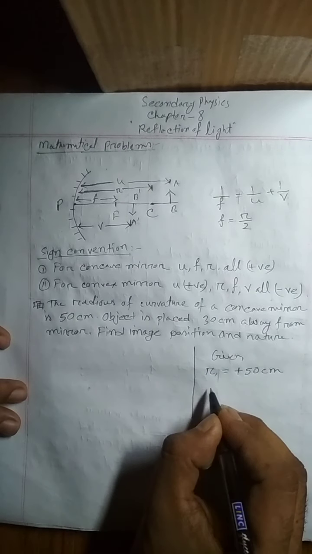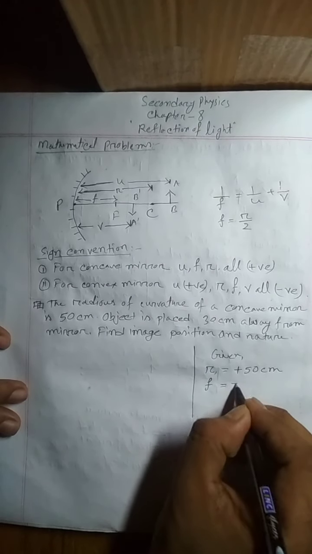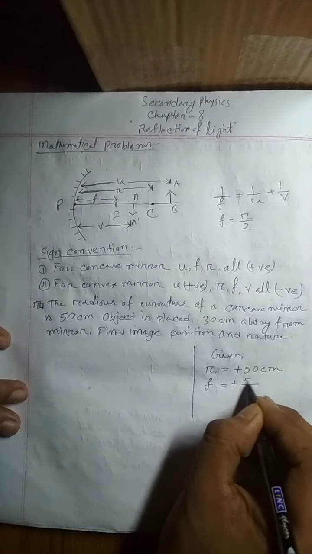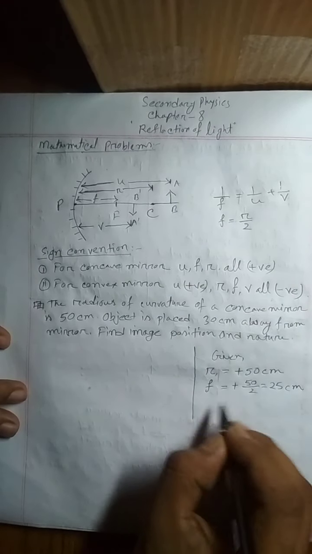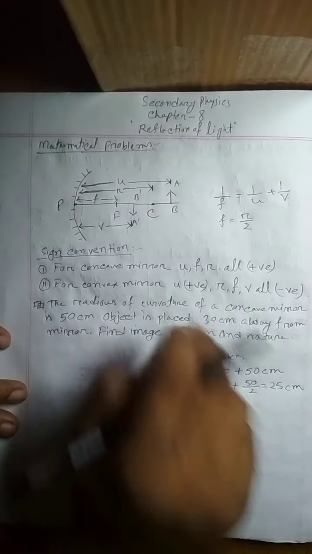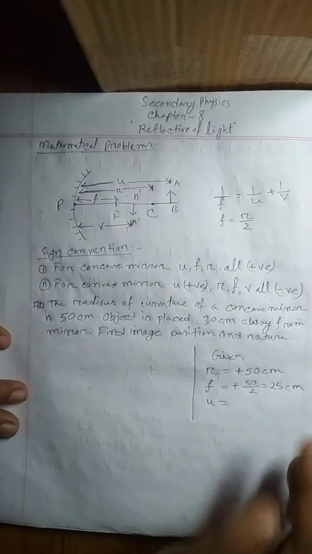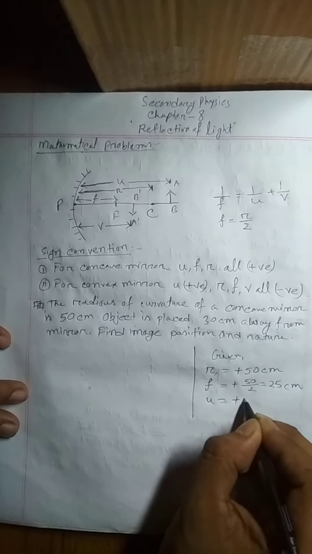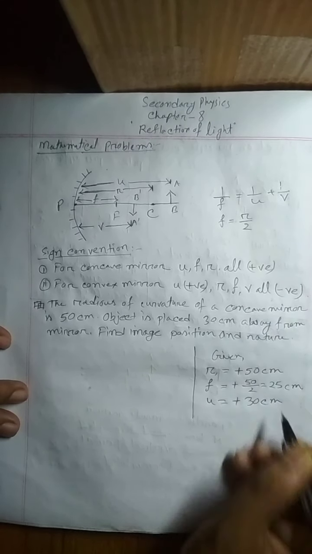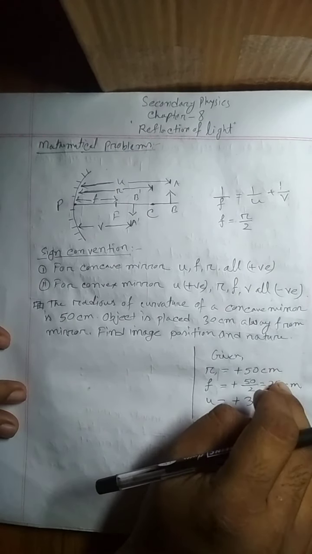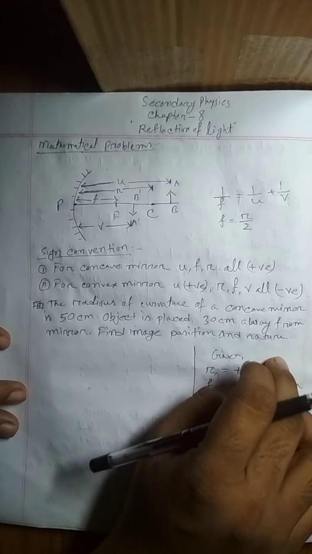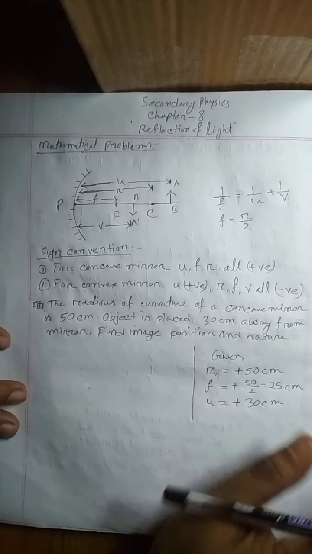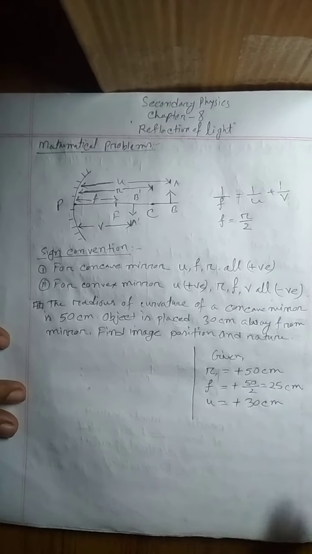So r is 50, so f is 50 by 2, equal to 25 centimeter. The object distance u is equal to plus 30 centimeter. You don't need to change it from centimeter to meter, because it is not necessary here, but if you do, it's okay.